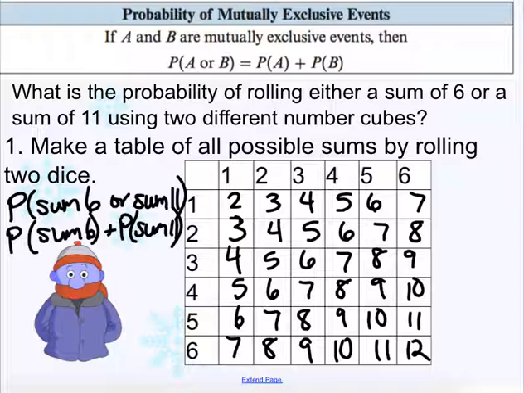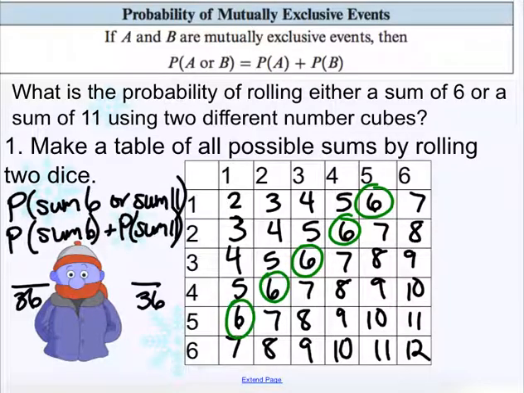Okay, so we have 36 possibilities, so each of these probabilities is going to be out of 36. Let's look at all of the different times that we get a sum of 6. When I look at this, I'm going to circle all of the sums of 6, all of those green ones.